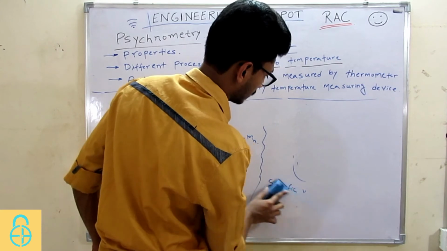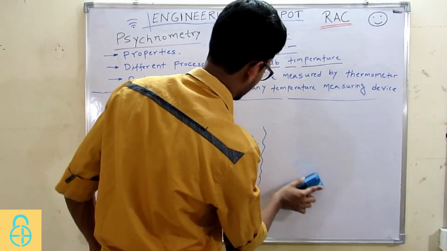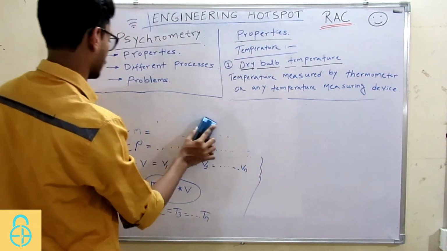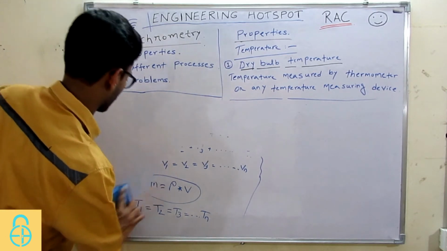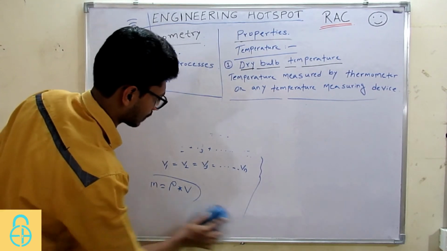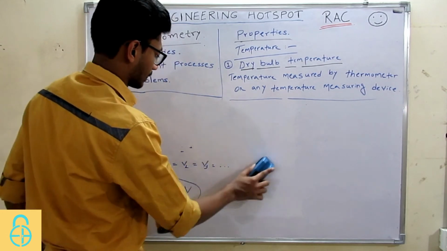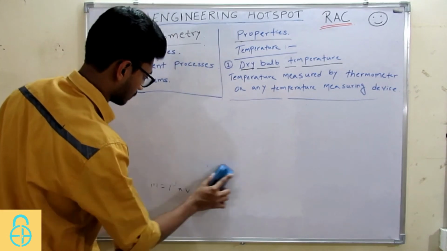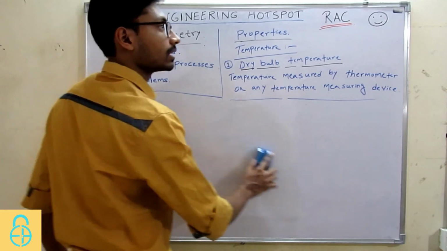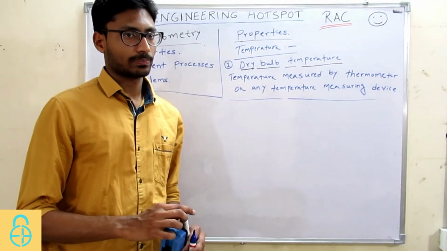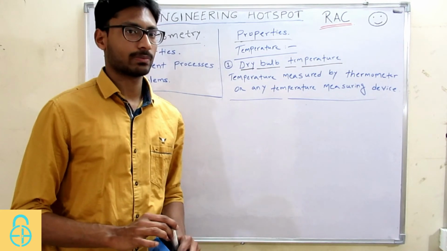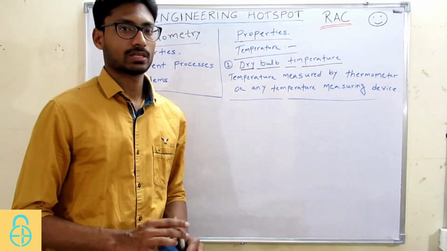You might be thinking how we can treat water vapor as a gas. Air you can take as a gas, but how will you take water vapor as a gas? Basically, according to the experiments, they have said that till 3 atm of pressure, water vapor can be considered as an ideal gas.